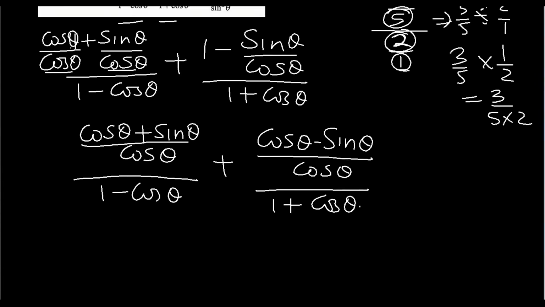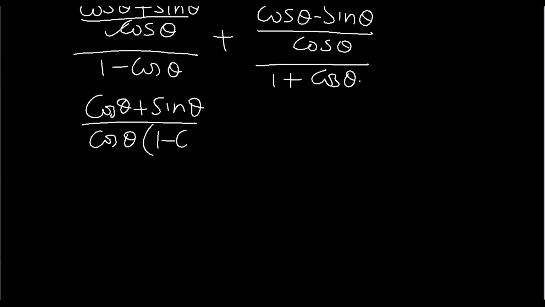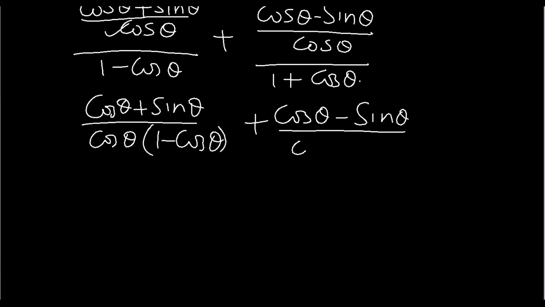That's what I'm going to do here. So what will I do? This will become cos theta plus sin theta over cos theta, which is this one, multiplied by 1 minus cos theta, which was the denominator. Similarly here, cos theta minus sin theta over cos theta times 1 plus cos theta. Now, they have almost similar denominators, but here it is minus, here it is plus.